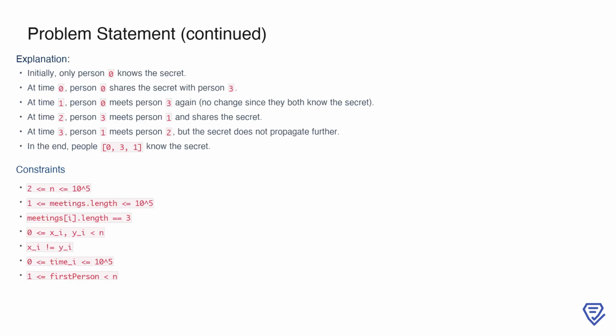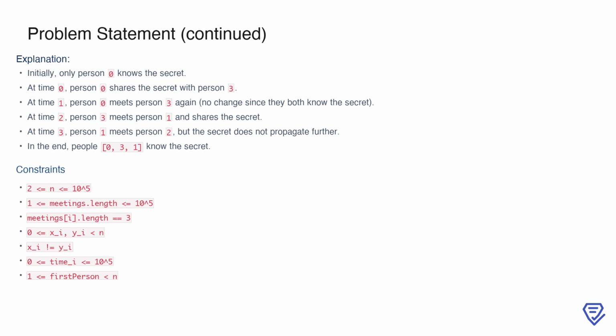Now let's examine another example with n equals 4, meetings equals [3, 1, 3], [1, 2, 2], [0, 3, 1], and first person equals 3. The output here is [0, 3, 1]. Initially, person 0 knows the secret, and at time 0, they share it with person 3.